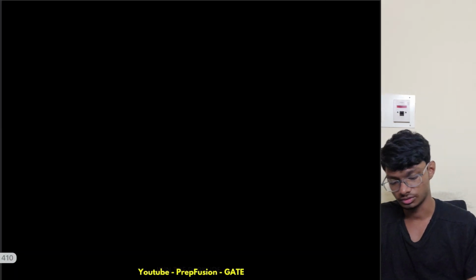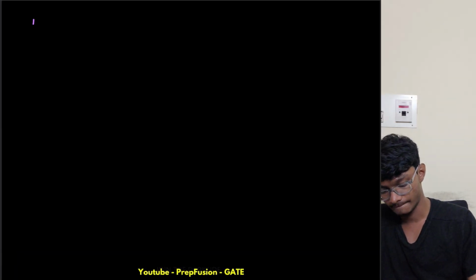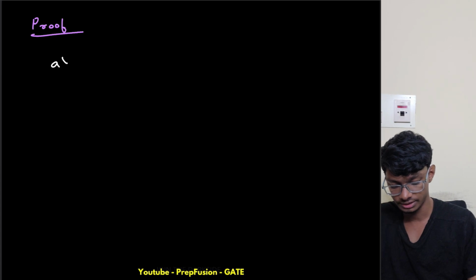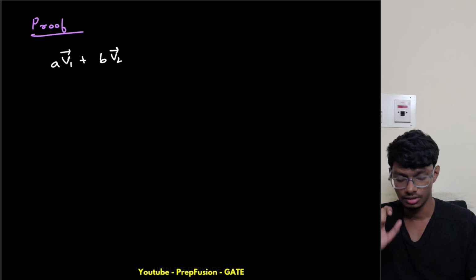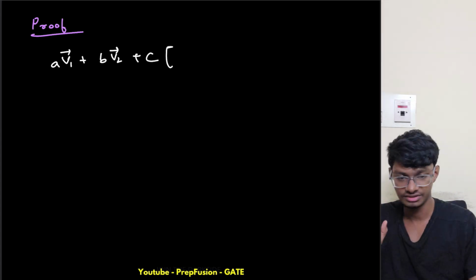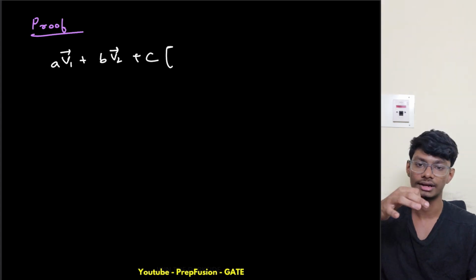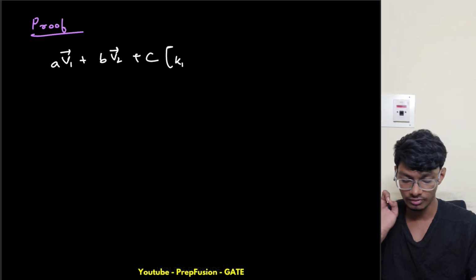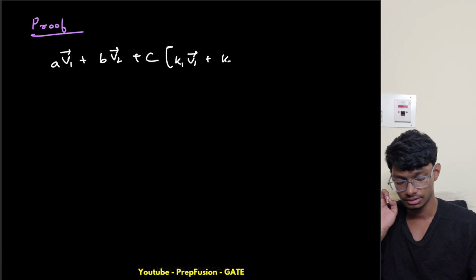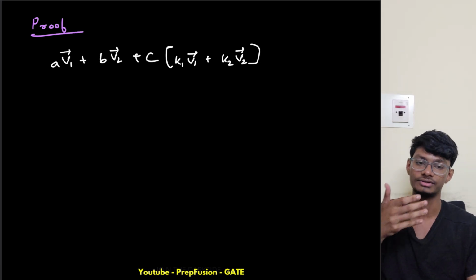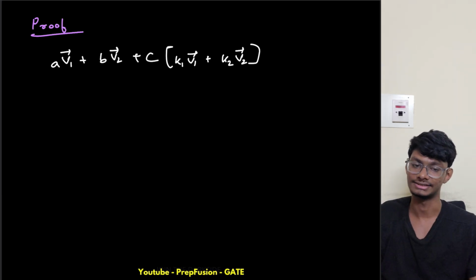So let us do the proof. What about the proof? So I have this: a v1 plus b v2 plus c v3. Now I can write v3 as some k1 times v1 plus k2 times v2. So I will get v3 in terms of v1 and v2 as a linear combination.